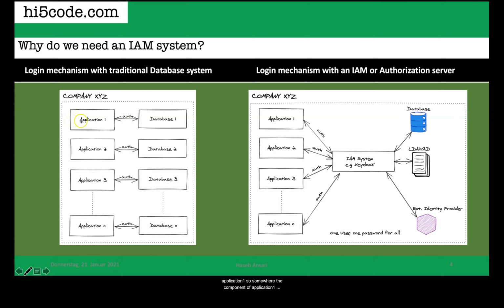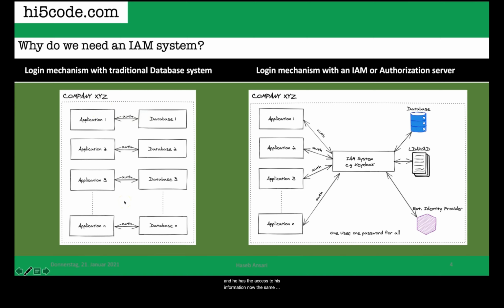Somewhere the component of application 1 will be registration. He goes to the registration page, fills in his entire information, his username and credentials, and it is saved in database 1. Next time he comes, whenever he wants to use application 1, he has to provide the same credentials and he has access to his information.